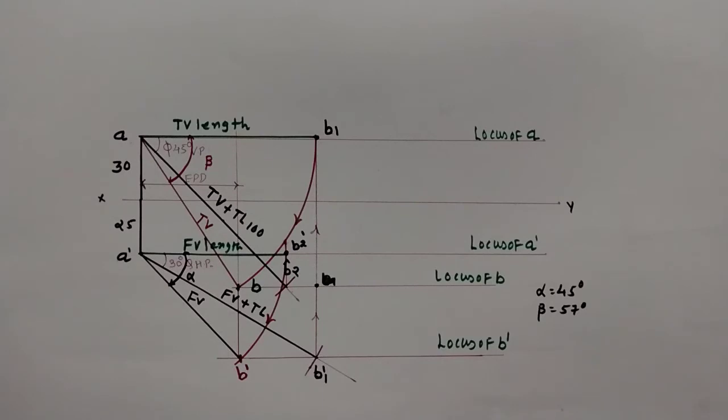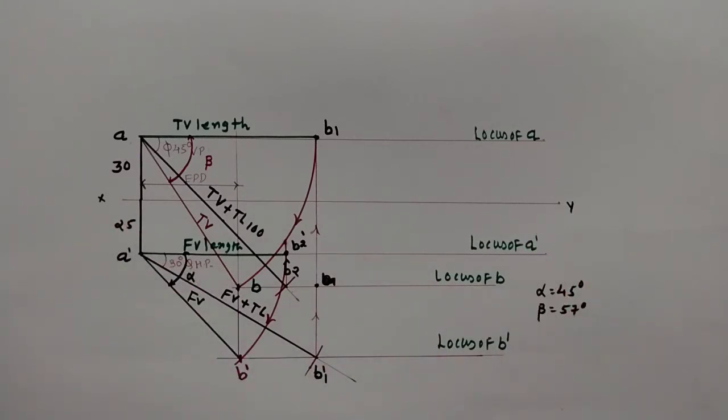So now friends, here it is a very good problem, because end A is given in the third quadrant and your B end is given in the fourth quadrant. That's why the plan and elevation of A and B are both below the XY line.